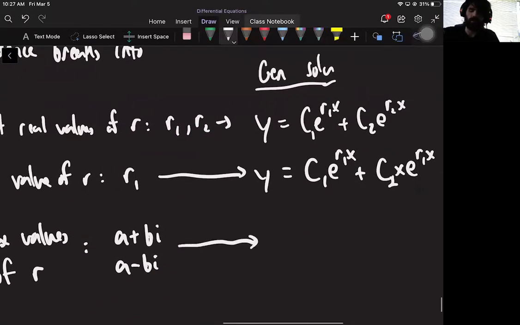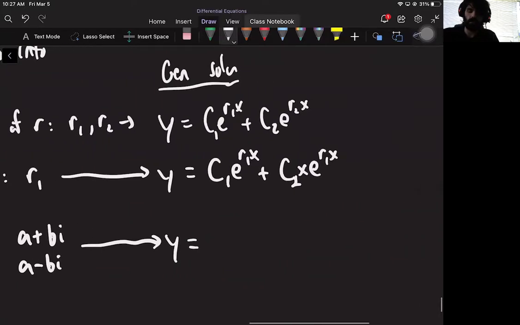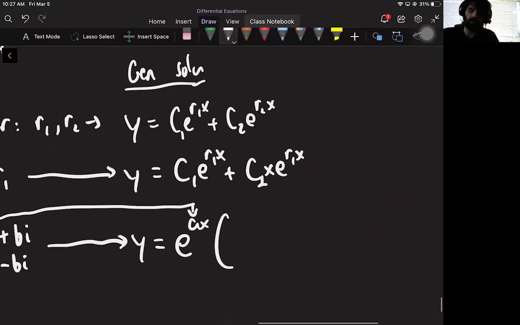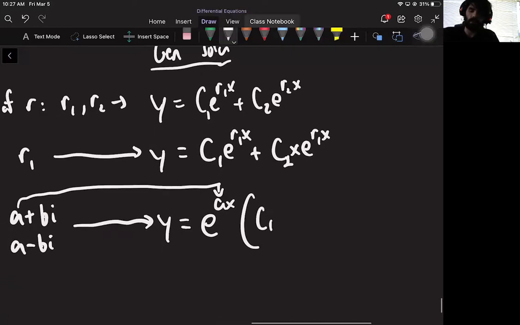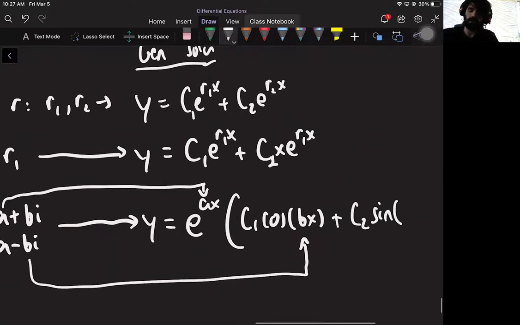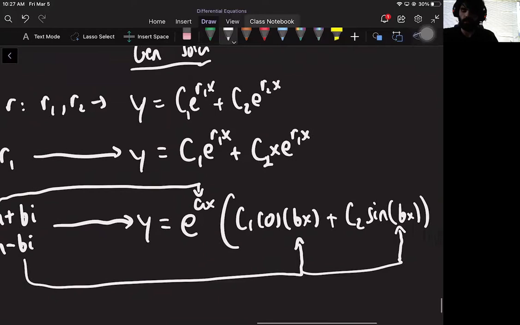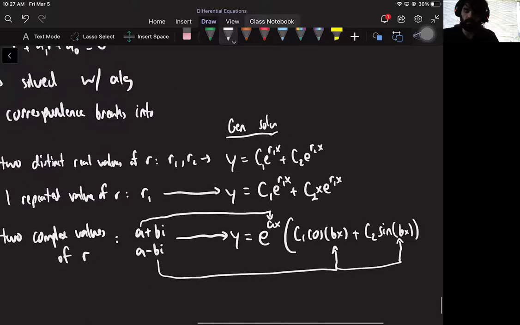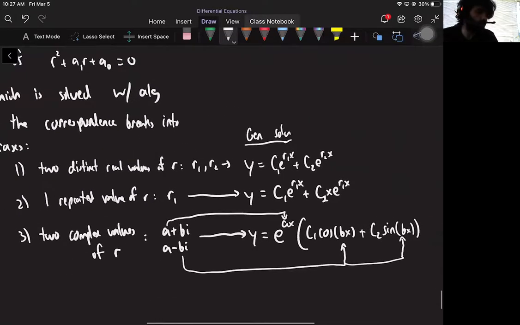So in that situation, your solution is always going to be e to the ax, where a is the real number part, times C1 cosine of bx, so that's where the imaginary parts come in, plus C2 sine of bx. So you don't have to work these three things out every single time. This is the general format. Okay, so there, you can see it all at once.